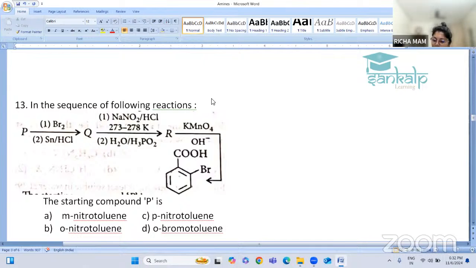The students who have not seen the amines in detail, we have discussed the amines in our ACE classes, so there you can see the detailed explanation.